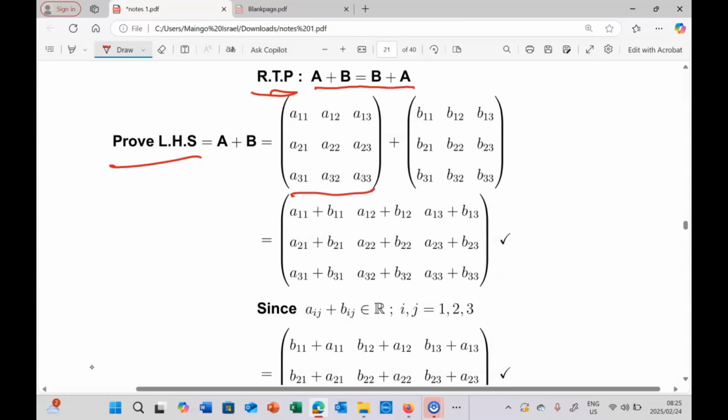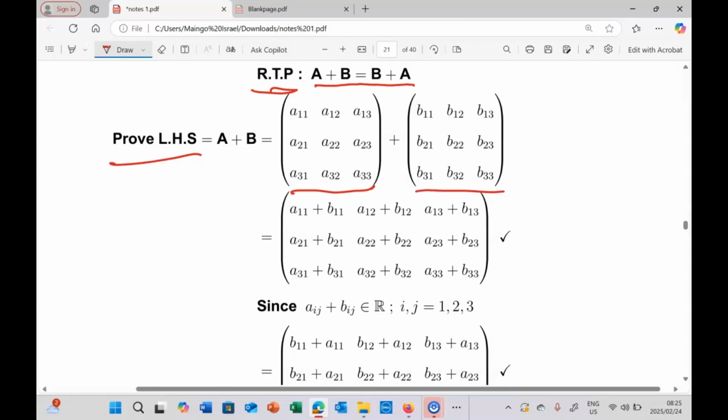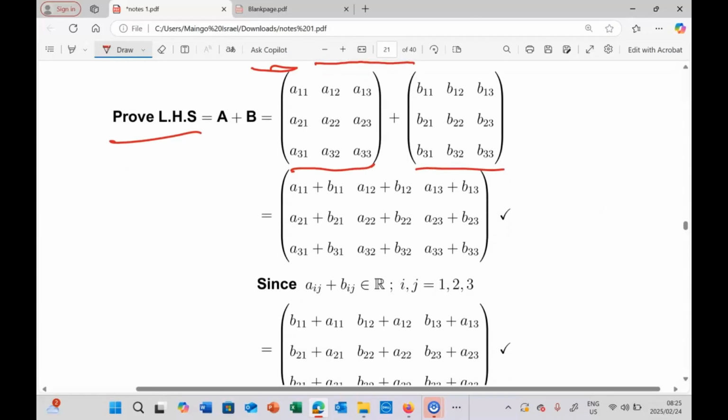So we know what matrix A is, and we also know what matrix B is. We are adding the corresponding entries, this matrix plus this matrix. This one and this one: A11 plus B11, A12 plus B12, A13 plus B13.